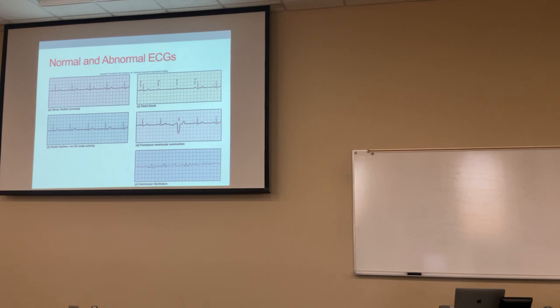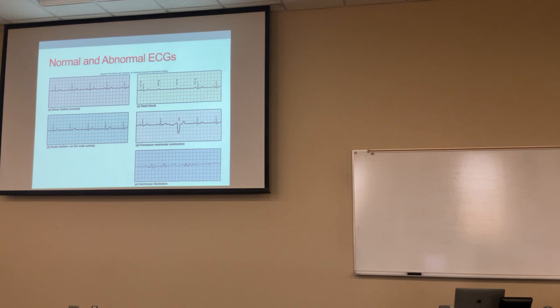So this is an example of heart block, and they have different degrees of heart block. There's 2-to-1 heart block, where the SA node depolarizes twice before the ventricles contract. Sometimes there's a 3-to-1 heart block, or if you have total heart block, then the signals aren't making their way down the atrioventricular bundle and the bundle branches at all.